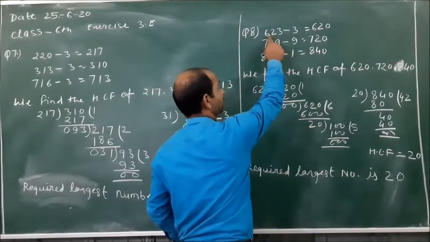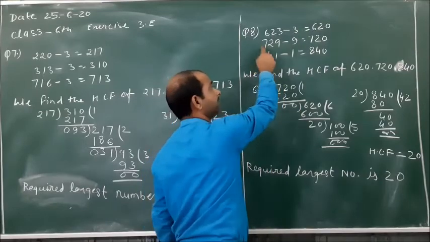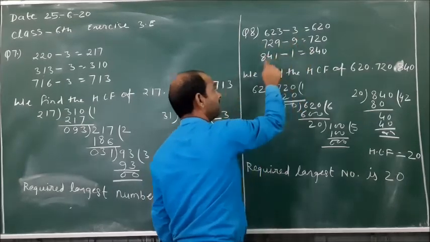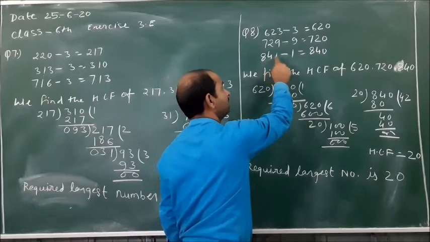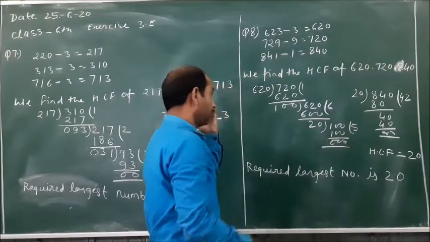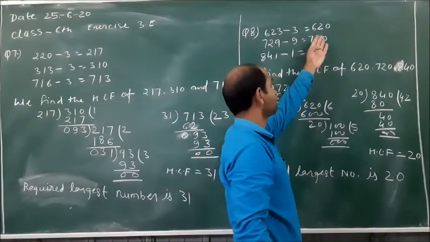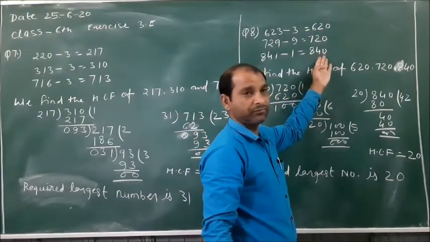So we subtract the first remainder from the first number, the second remainder from the second number, and the third remainder from the third number 841. Now when we subtract, we find these numbers: 620, 720, 840.